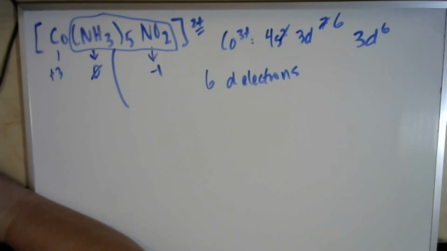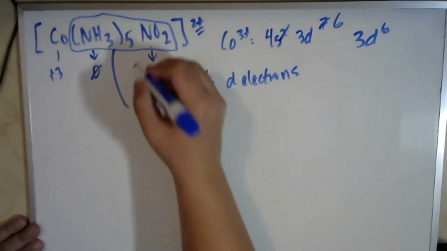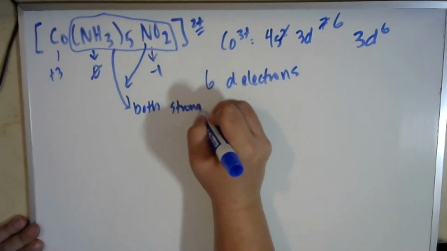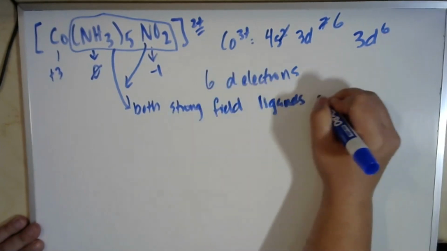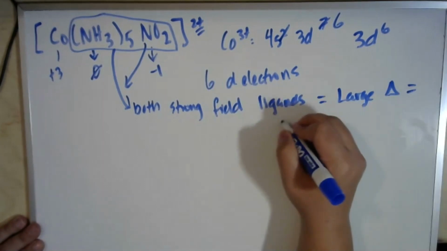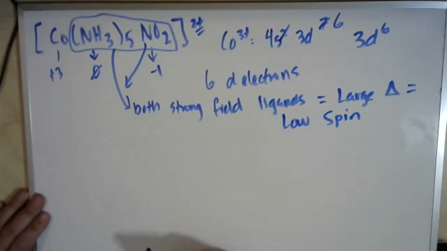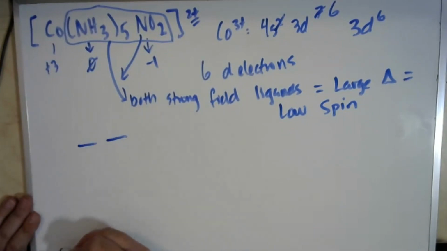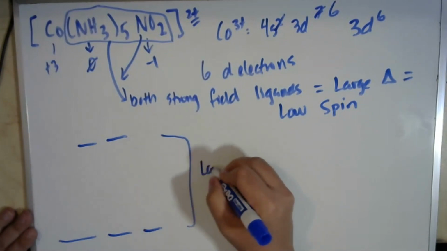So let's draw this out. Sometimes when I'm drawing this out, I like to make it dramatically different. So that's your top level, and then your bottom level will be down here, so you can really see the large delta value.